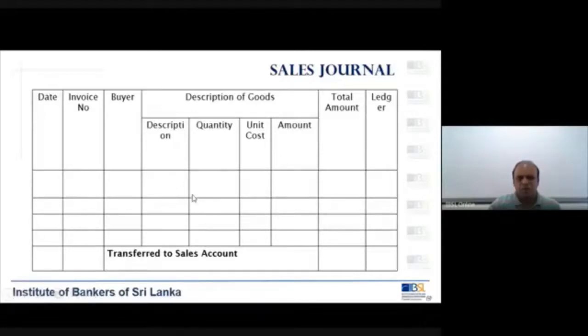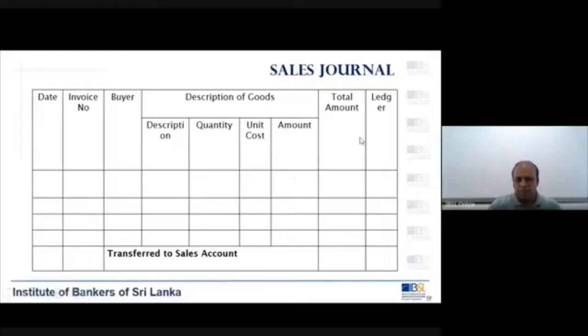And you will also say how many units were purchased by the customer or the debtor. Then what is the unit cost? If one unit is 100 rupees, you will state it in the unit cost column. And the amount column is the unit cost multiplied by the quantity, one by the other, and you get the amount.